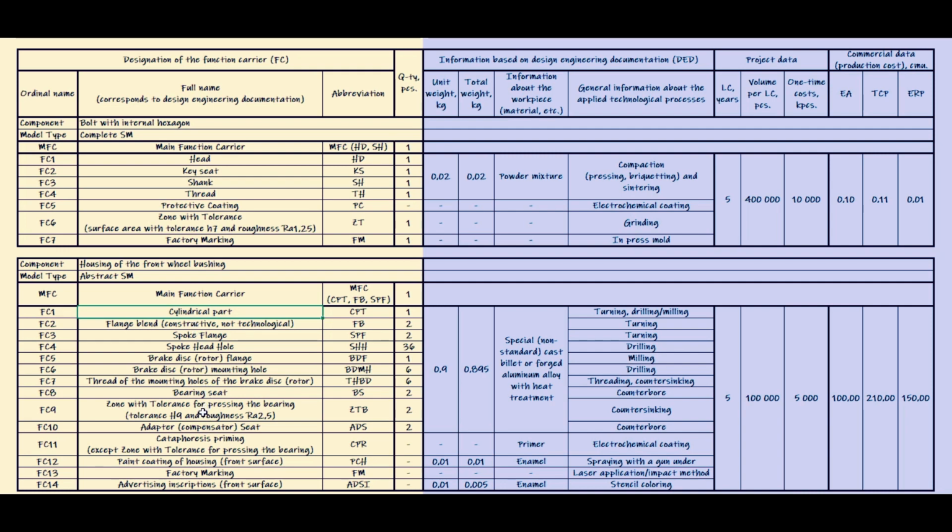For example, spoke flanges, holes, frills, etc. We define all these above characteristics not for one element, but for their set combined in the model under the designation of a common carrier of functions.